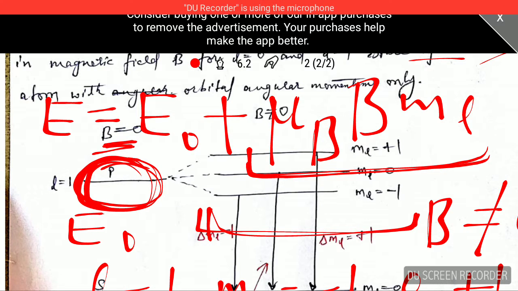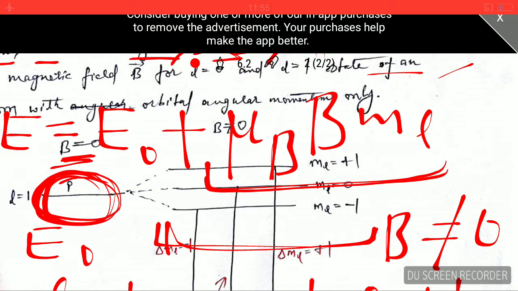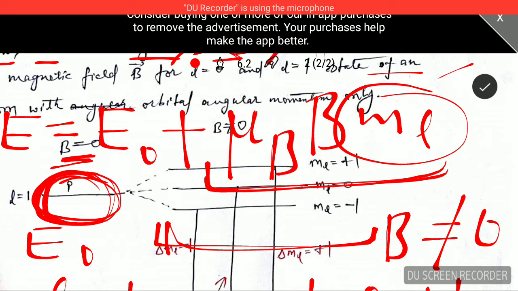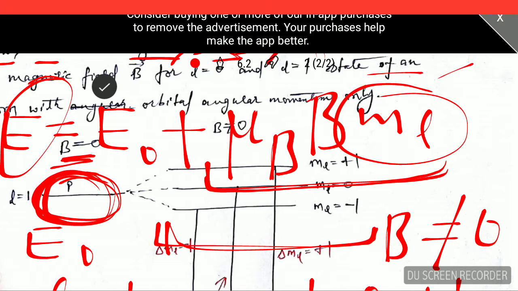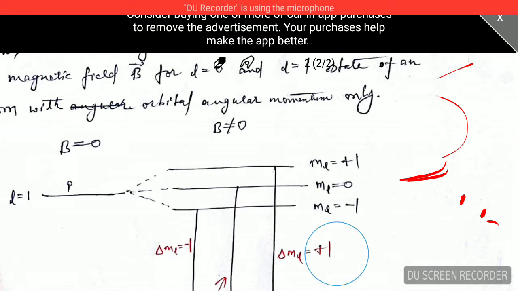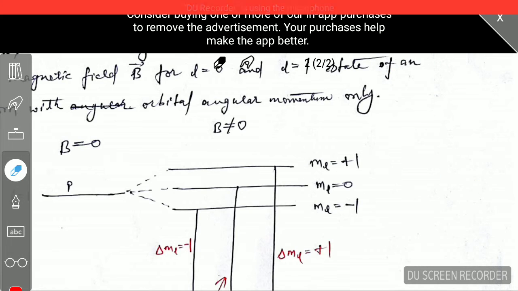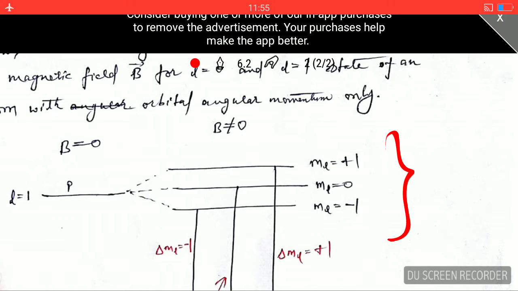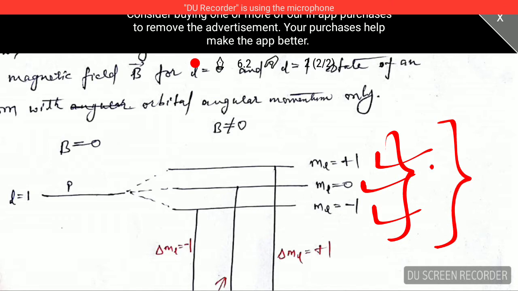Because of three values of m_l, the energy E will have three values, so there will be three energy levels. For each value of m there is an energy level, so there are three energy levels in total.